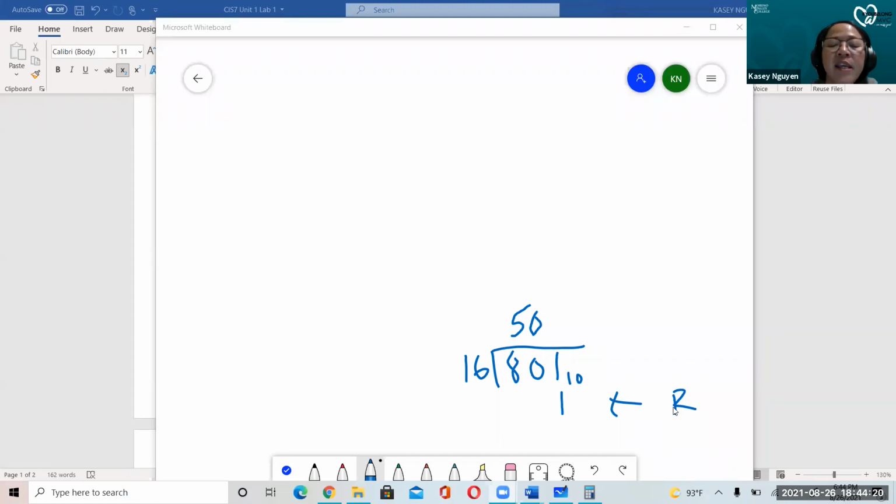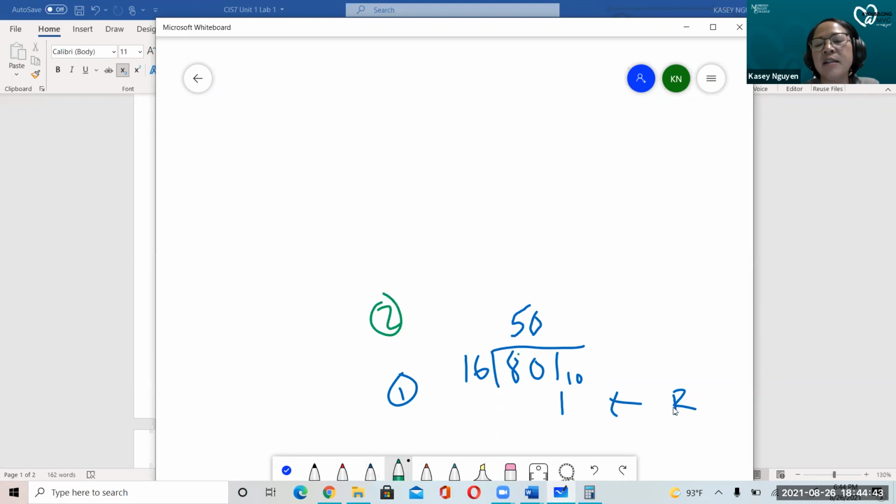Okay, so 50, again, we are going to divide it by 16 again, second step. That's step 1. Then we are going to go again with step 2.